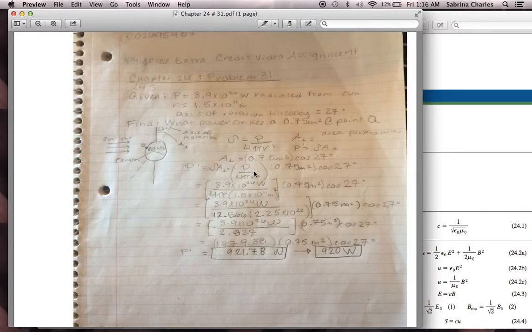Since S is equal to P over 4 pi r squared, and then the area, you end up with P over 4 pi r squared times 0.75 meters squared times cosine 27 degrees. So we just plug everything in. For P we have the 3.9 times 10 to the 26, over 4 pi, and then r squared. Don't forget to square your radius.